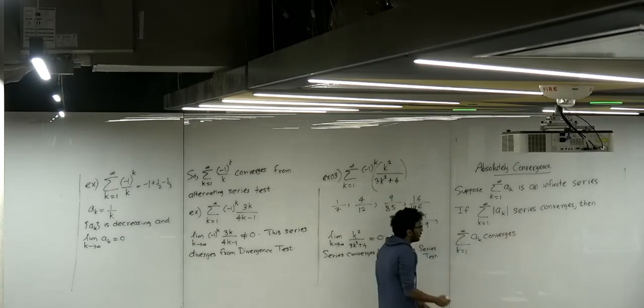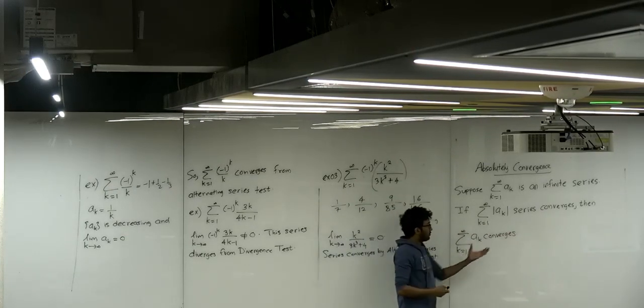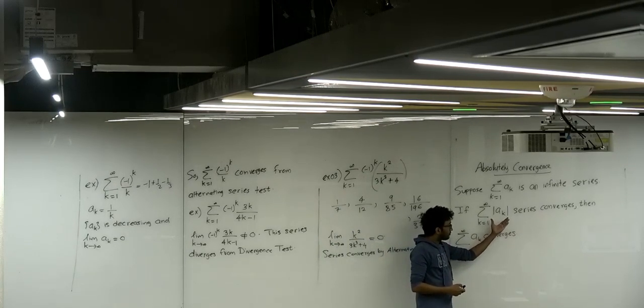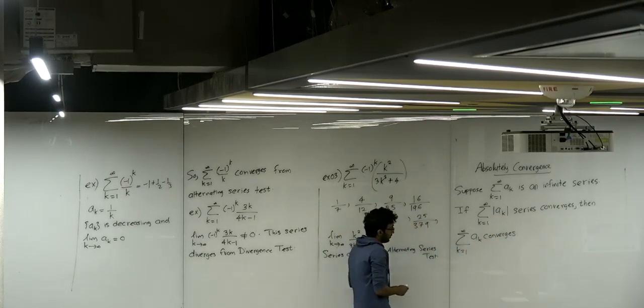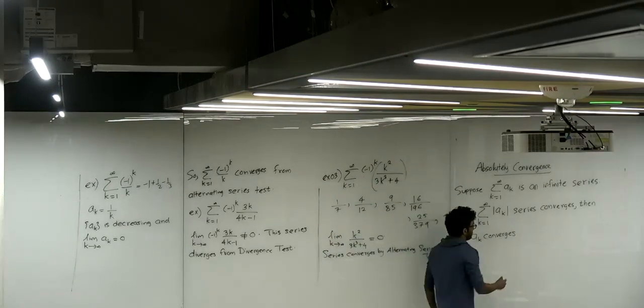The converse is not true, right? If the series that I constructed by using absolute values converges, then the original series converges. And we give a special name for this convergence.